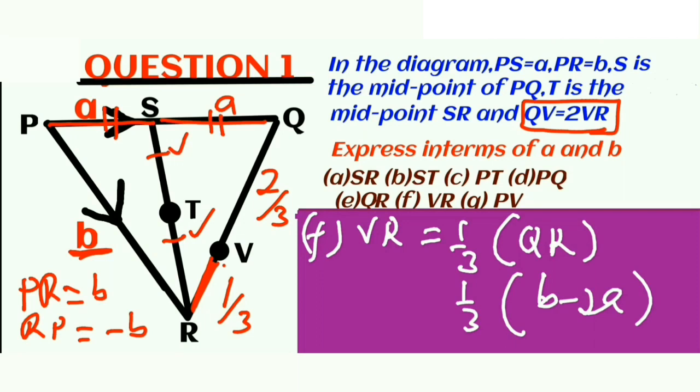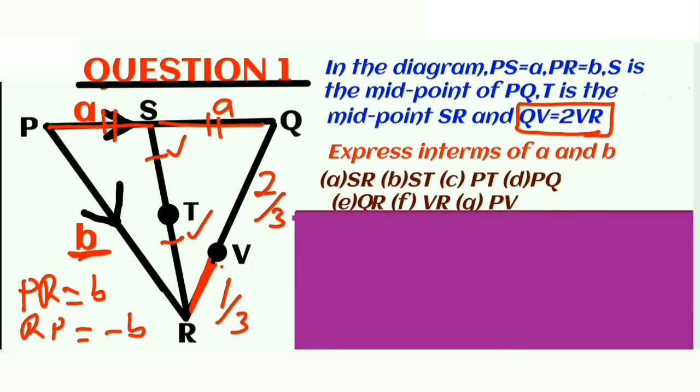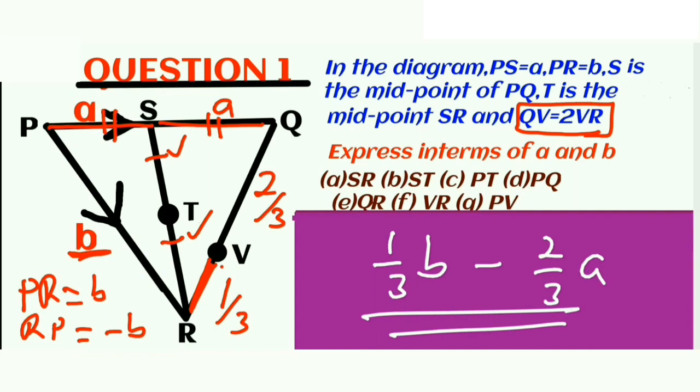So 1/3 multiplying by B, 1/3 B minus 1/3 times 2A, equals 2/3 A. So this is the answer for VR.